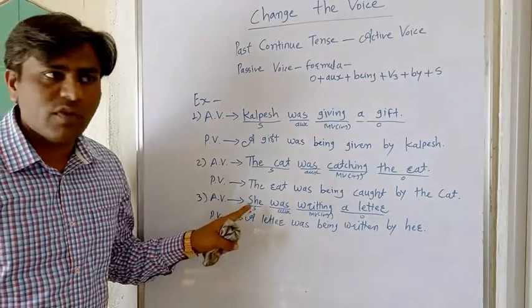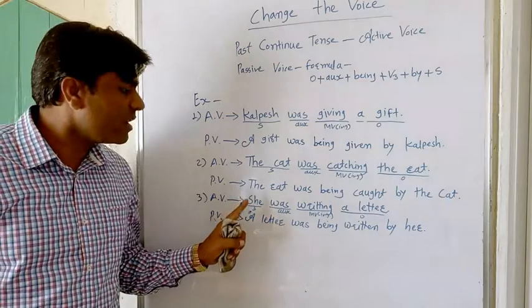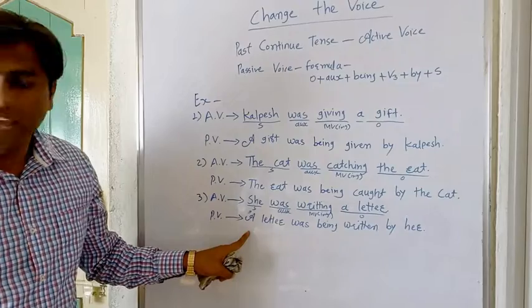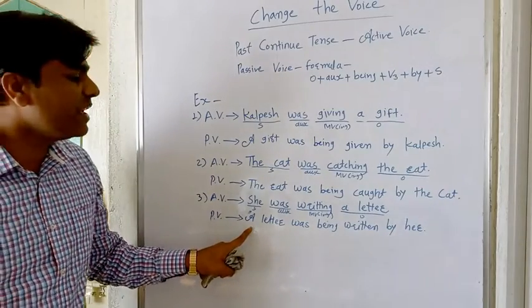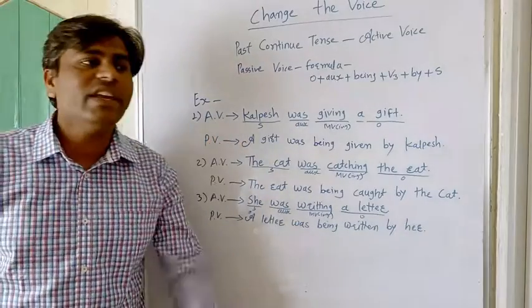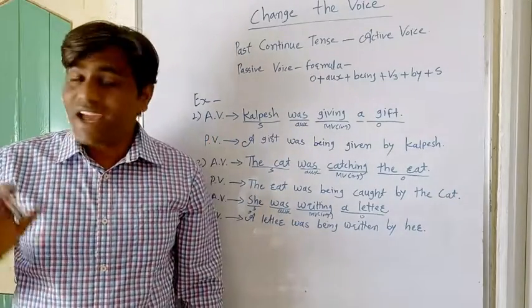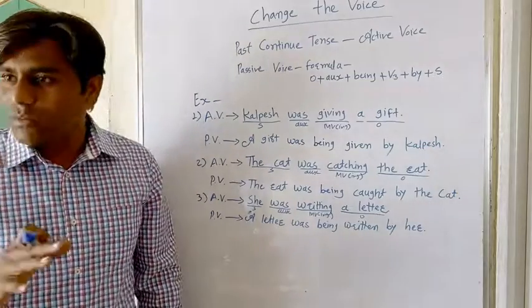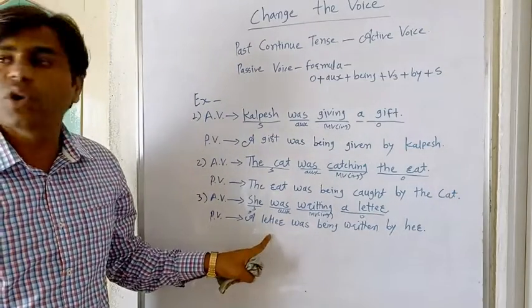She is in the active voice and in the passive voice it will become her. Okay? The passive voice should be like this: a letter was being written by her. Okay? We have seen three examples on the board. One example you told me and you solved on the board also.